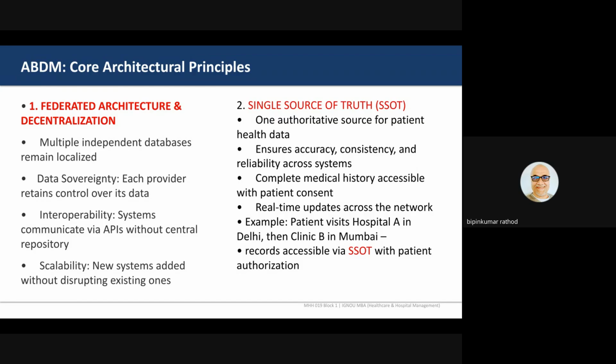So here, on the left side, you see the first component called federated architecture and decentralization. Let me give you an example here. You are working in Maharashtra. Now you got a job in Rajasthan.